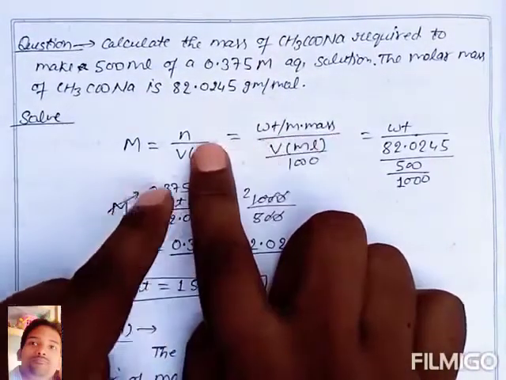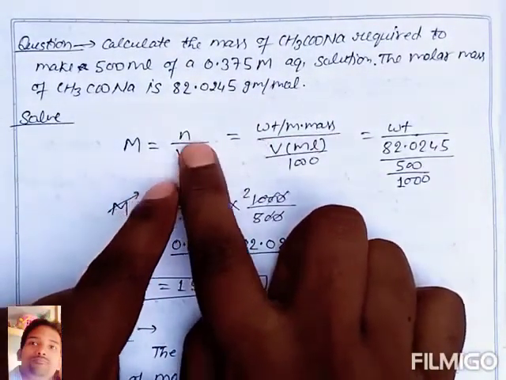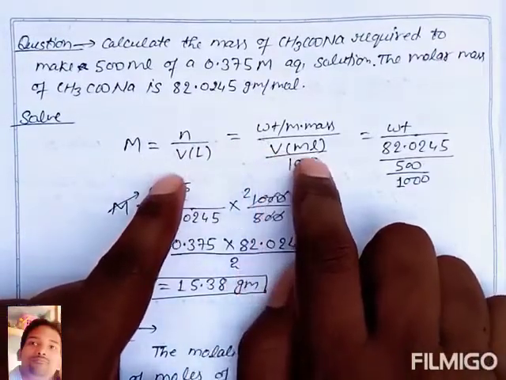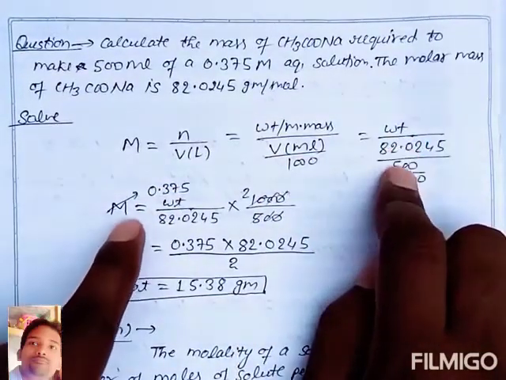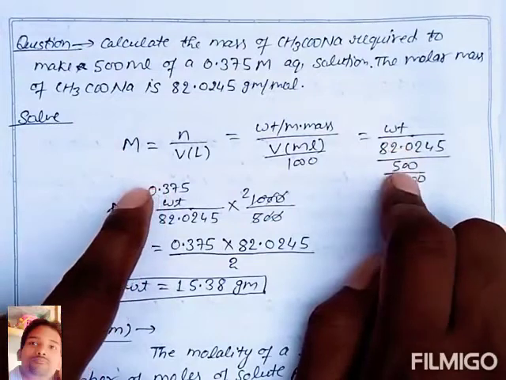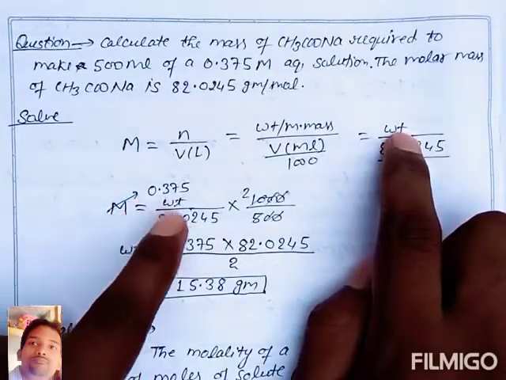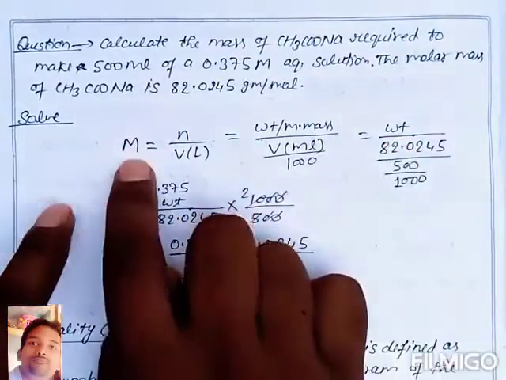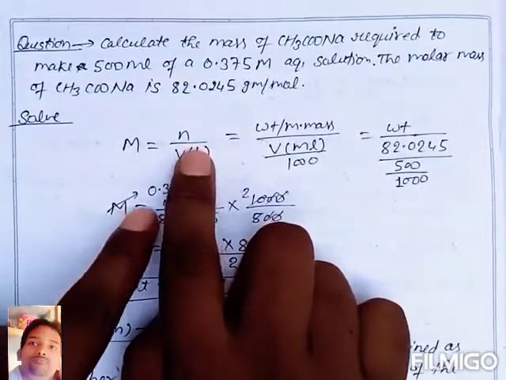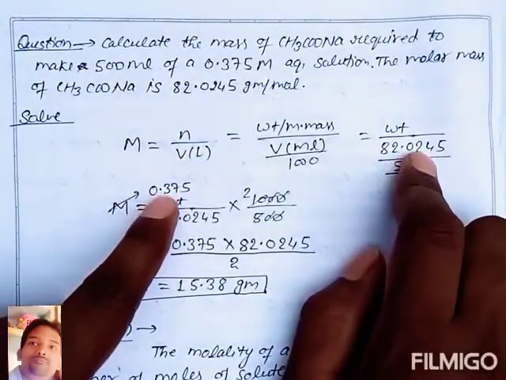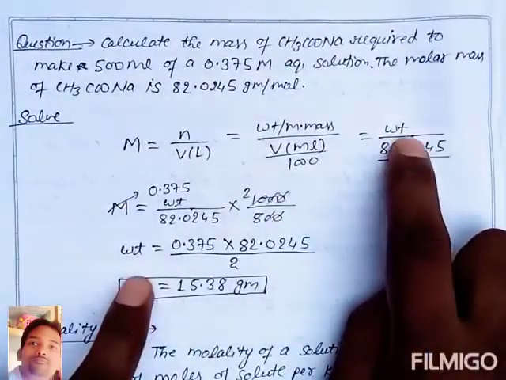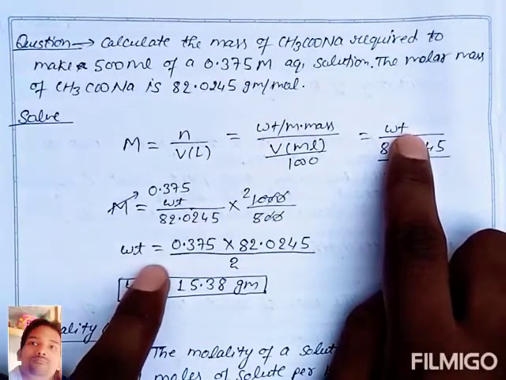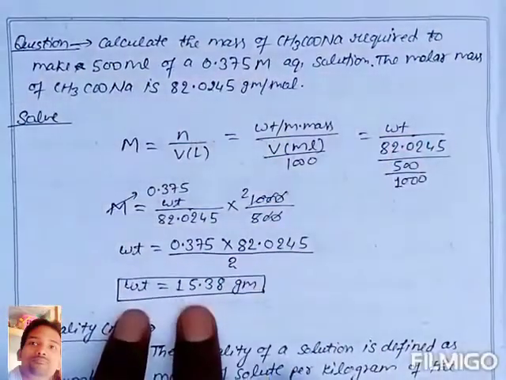Weight divided by molar mass gives the number of moles. Volume is taken in liters, so convert by dividing the ml value by 1000. Putting the values in this formula, you will get the answer. The molarity and volume are given, the molar mass you already know, and the weight is not given, so you can easily find the weight of the solute. This will be the answer.